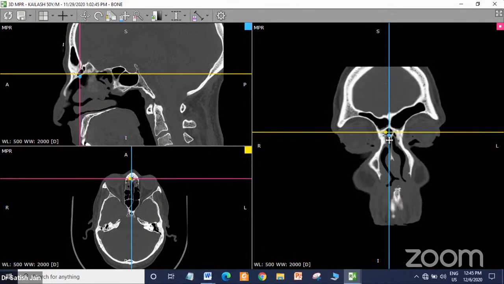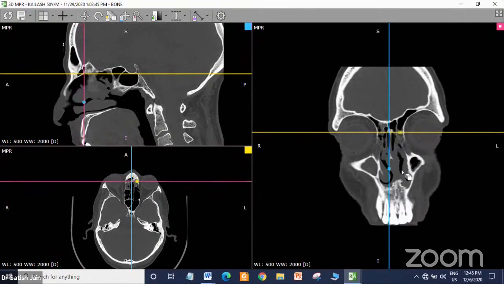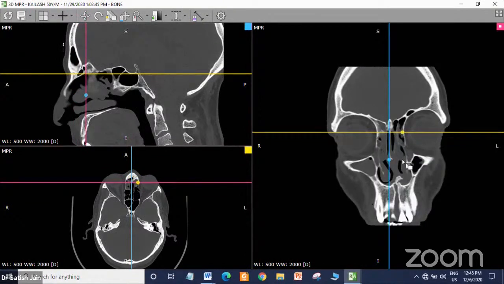So dynamically you can see each and every structure right from the origin to insertion, which gives you 3D orientation of the structure you are going to deal with. You can get a printout and see this patient has sinusitis, but that doesn't give full dynamic anatomical information, because this surgery has a very low threshold of complication.